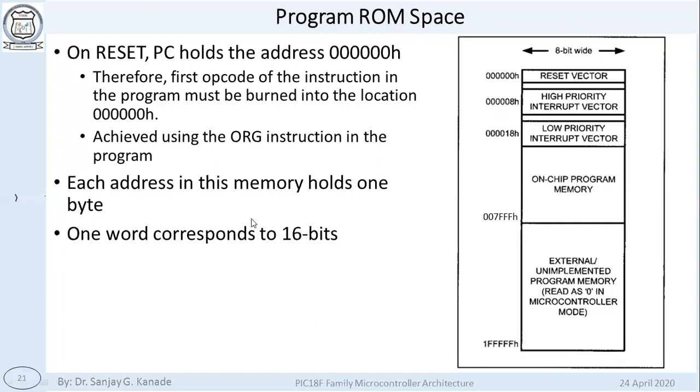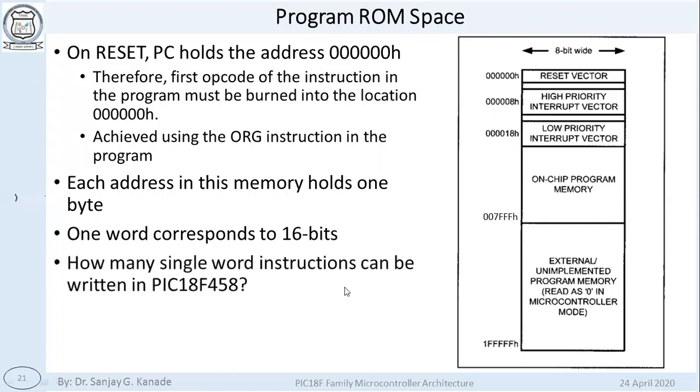Okay, then each address in this memory will hold how much? Only 1 byte. Okay, and one instruction word for PIC18F458 is 16 bits. So in general, for one instruction, we need 2 locations in the program memory. So I will ask you one question before we end our meeting.